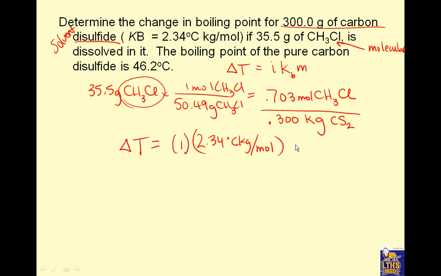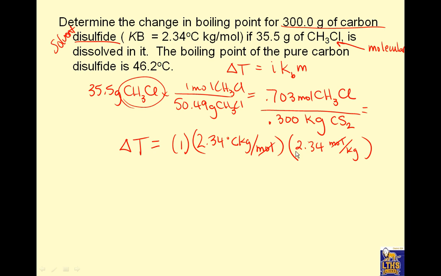All right, and the molality, I never finished that one. The molality is 0.703 divided by 0.3, which is also, interestingly enough, 2.34, and that's moles per kilogram.